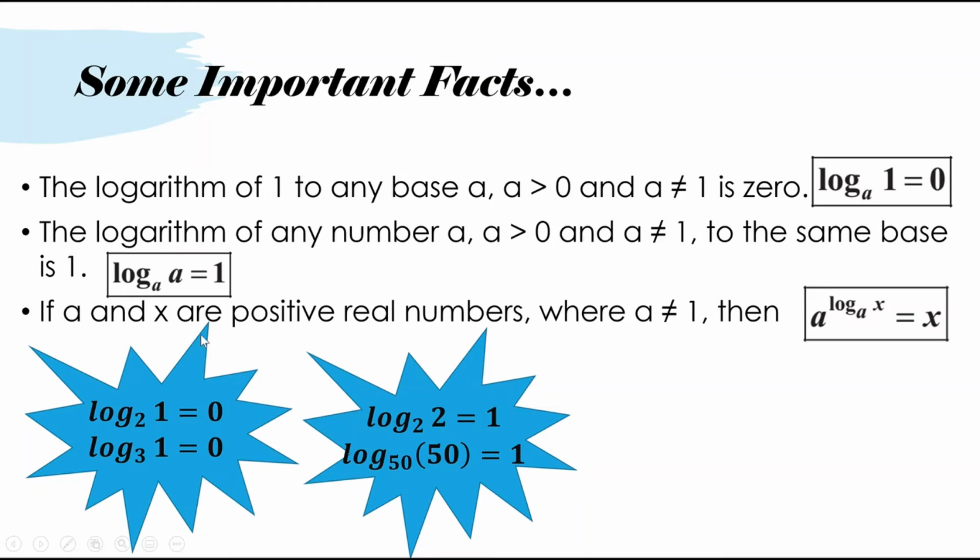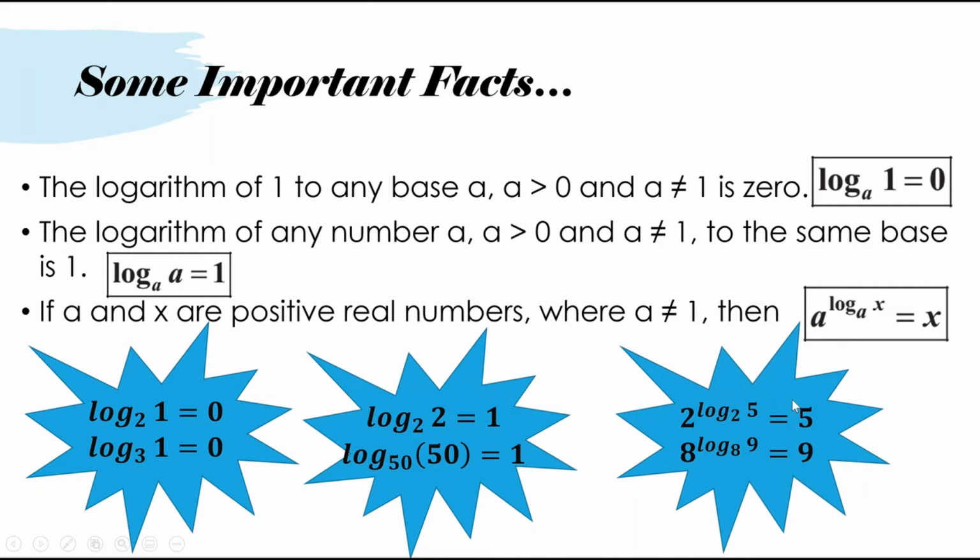So the third fact is, if a and x are positive real numbers, we can write the exponent as a to the power log with base a of x, and we get the value x. So here, if the power has a base a and the logarithm also has a base a, so the logarithm is in the power, we get the value of the argument of the logarithm.